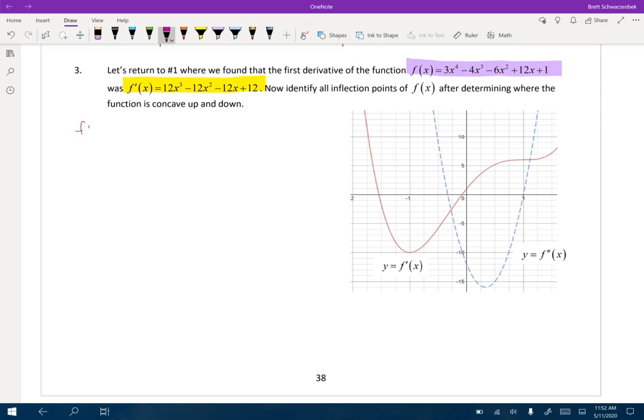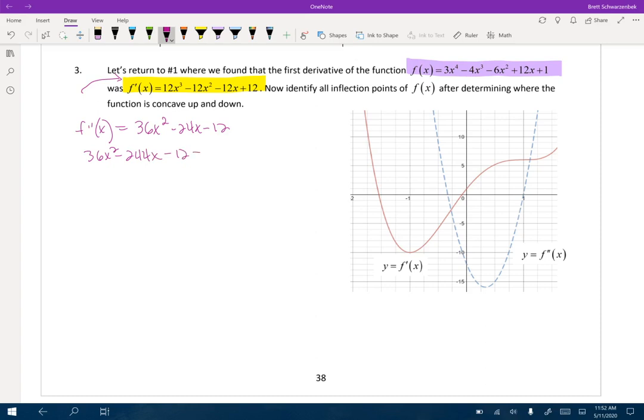So now the second derivative of this is going to be 36x squared minus 24x minus 12. As usual, what do we need to do? We have to set this equal to 0 and solve.